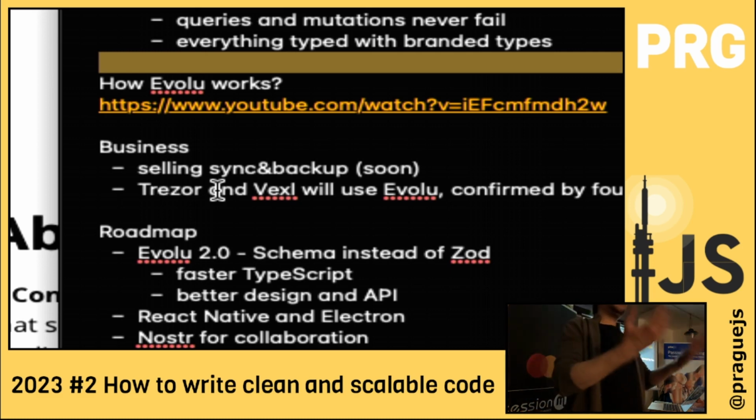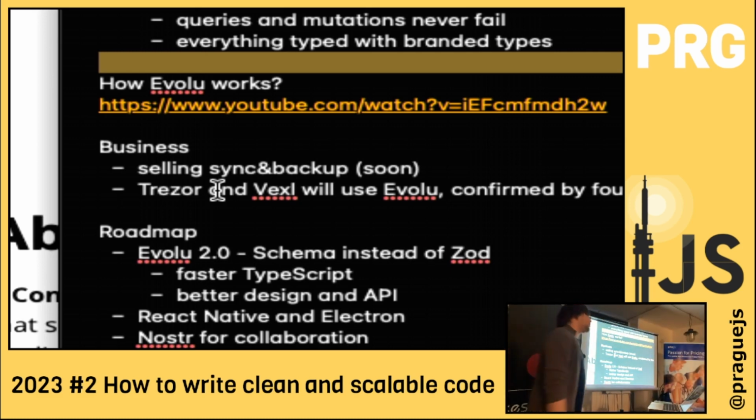If you want to make an application which is local first and you don't want to maintain your server, you can. Actually, if you run Evolu on a computer, it already runs on an Evolu server. You don't have to run your own server. It's not official yet. It's some testing server.